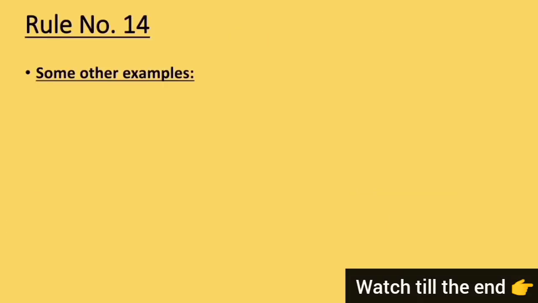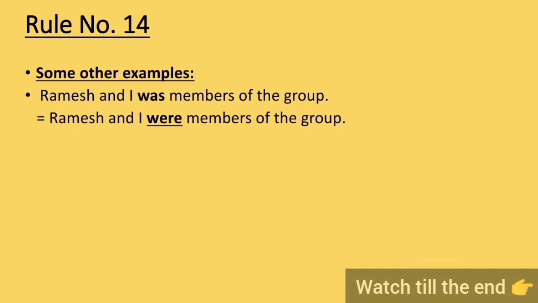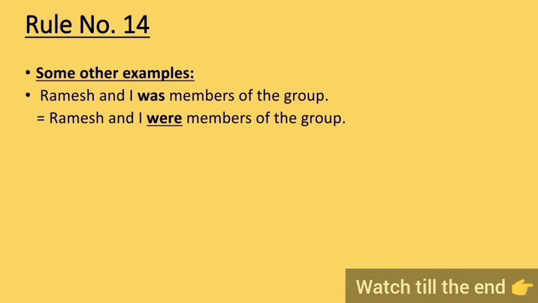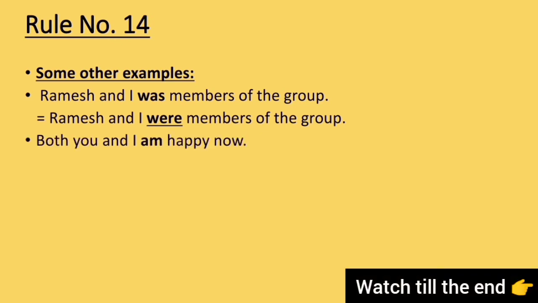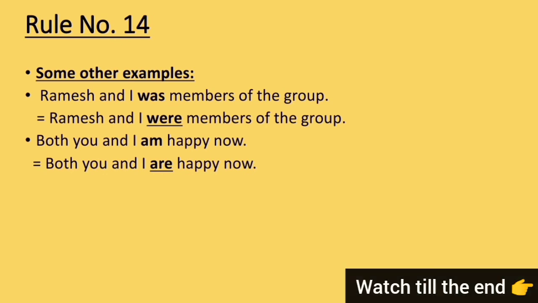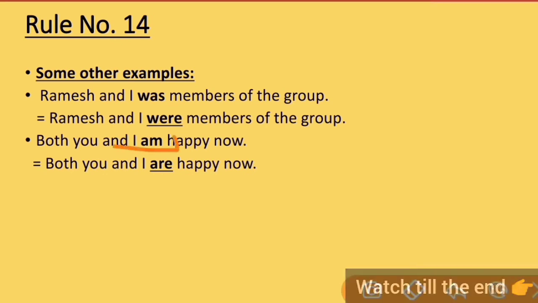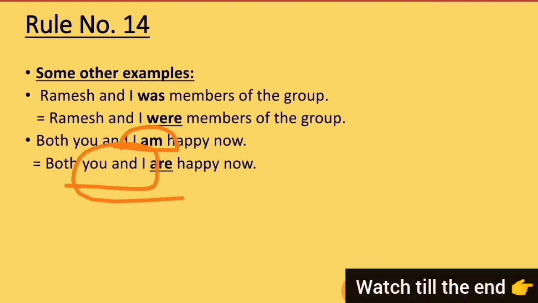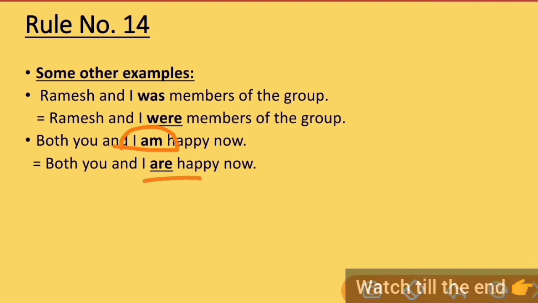Next, rule number 14. Here are some other examples. Ramesh and I is a plural subject, so it will be were. Both you and I. Normally, I takes am, but here it means a plural subject, so it takes are.